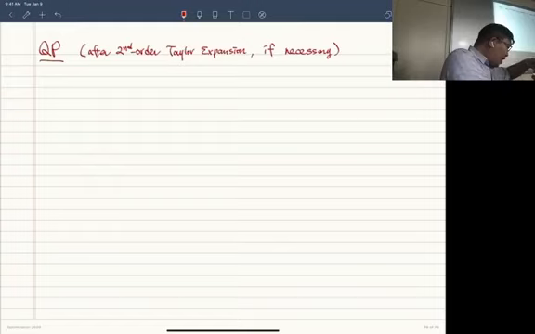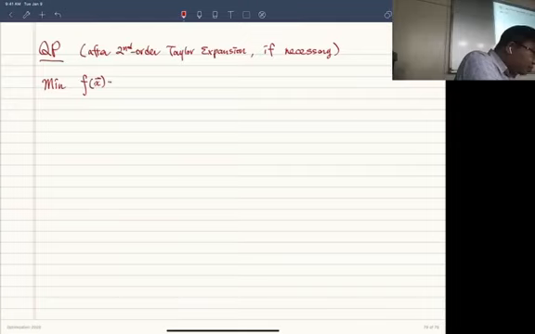Then you could rewrite the entire problem into the following format. You basically minimize your objective function, and over here we are writing it in this way. How about the constraints? I will explain those details later on.